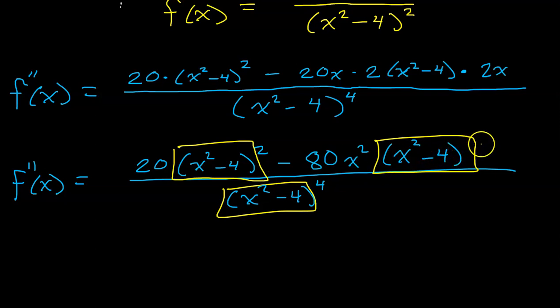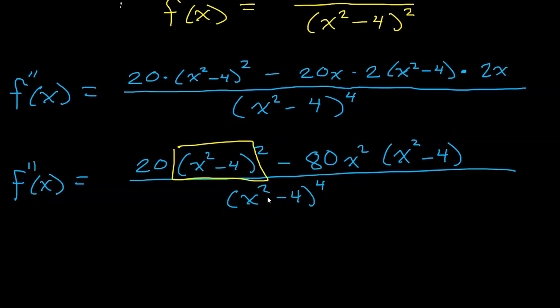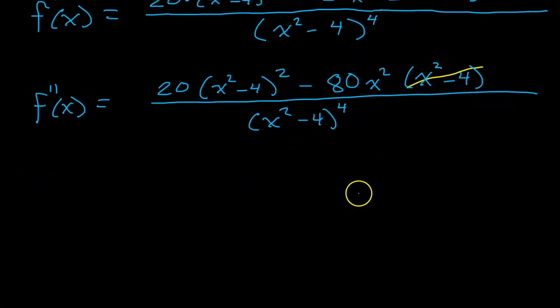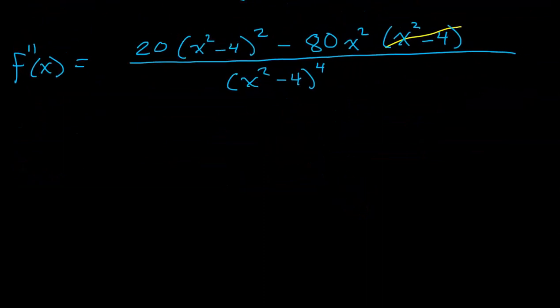So I'm going to cancel out one of these from each of these 3 places. So in these instances where we have an exponent, these exponents will be reduced by 1. And when I cancel out this one, there'll be nothing left here. So let's see what we get after we do that.